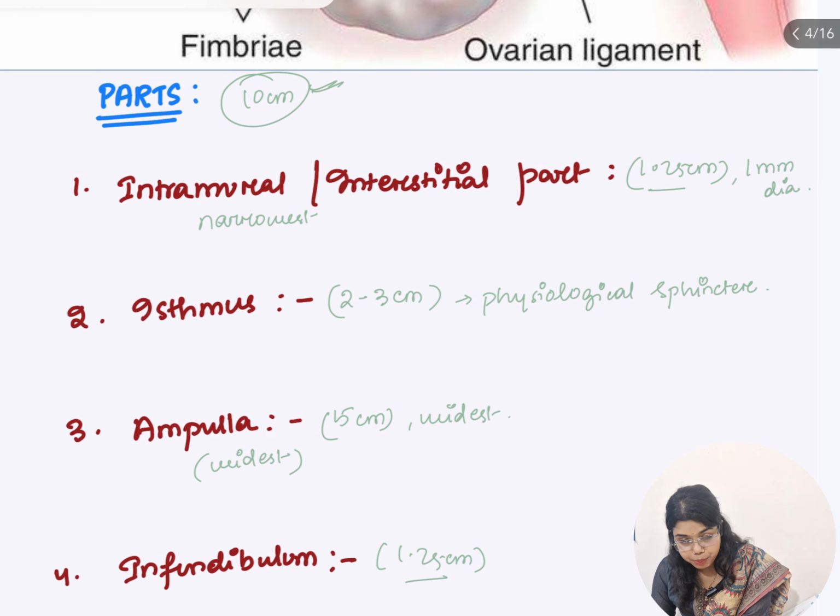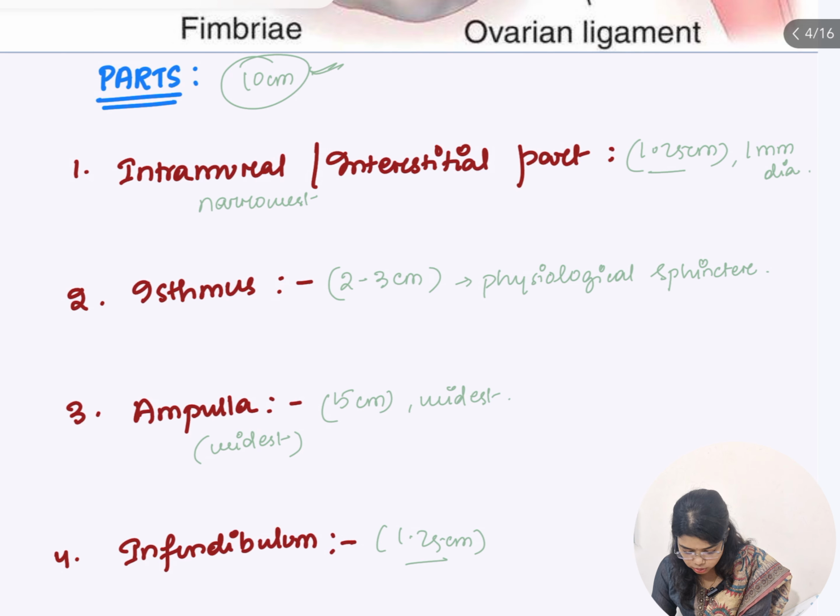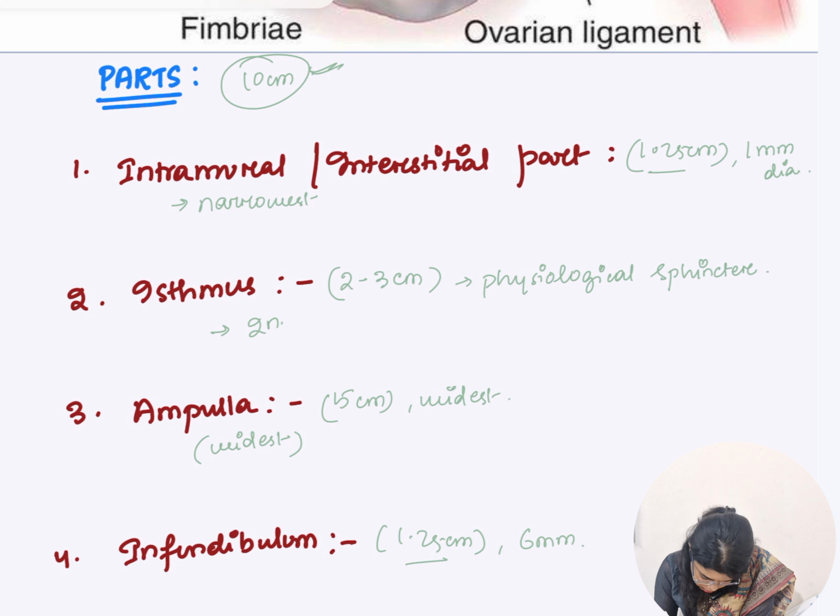And what is the importance of ampulla? Also, I will tell you. In which part does fertilization occur? It is the ampulla where fertilization occurs. Okay. See, then here infundibulum, it is 6 mm. Here isthmus is the second narrowest part of the fallopian tube. This one is the narrowest.